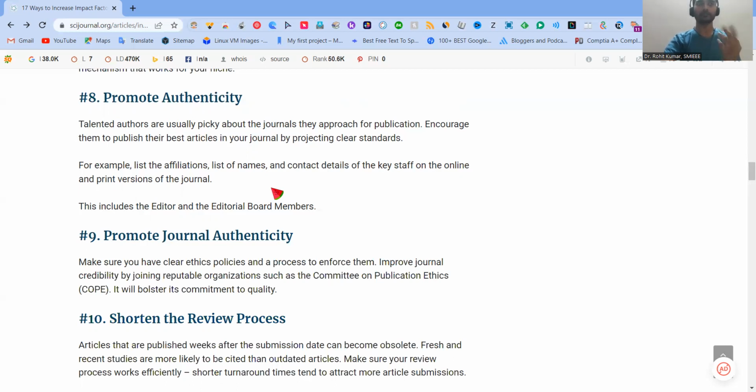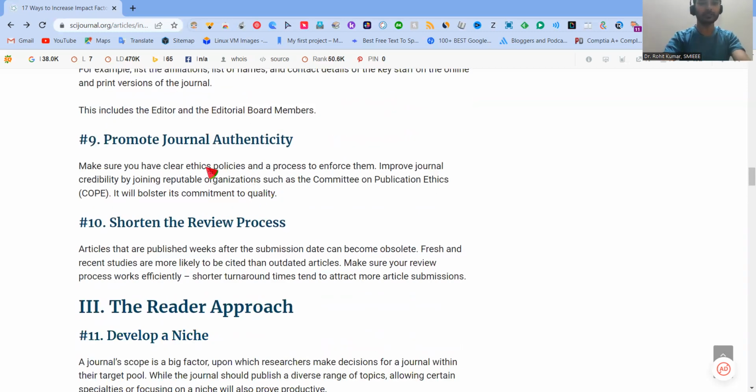And if you come to the very best, then the first thing that comes to mind is Nature. So these are the reasons why they have such brand publicity, because of the authentic content that you get from there, and they also promote that authenticity. So the journal gets a brand image. That particular thing helps you a lot in getting the articles published, as well as getting the right sort of citation.